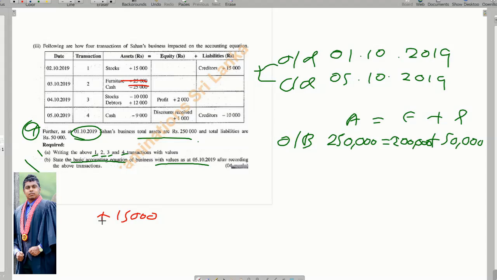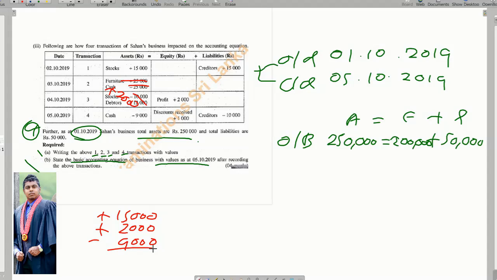And for the third transaction we are getting an asset side plus 2,000, and the first one we have plus 15,000 on the asset side. The second one is minus and plus 25,000, therefore no balance. Then the third one 2,000 plus, the fourth one 9,000 minus, therefore we can say the plus balance is 17,000. That means 15,000 in the first one, 2,000 in the second one, and in the final transaction minus 9,000.